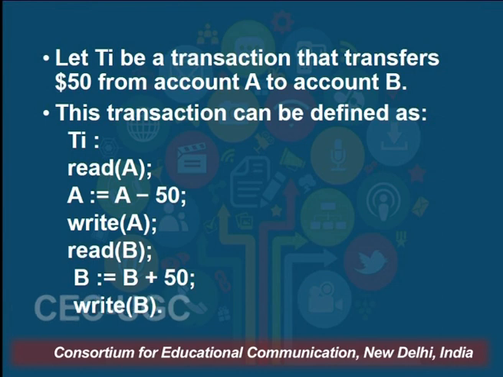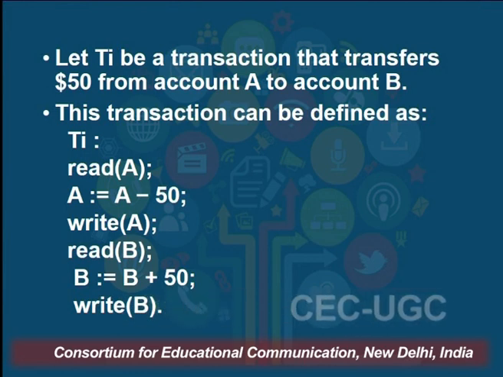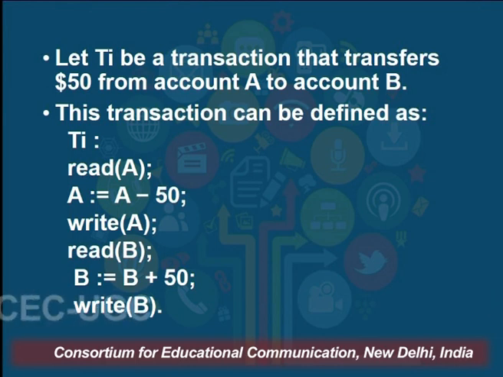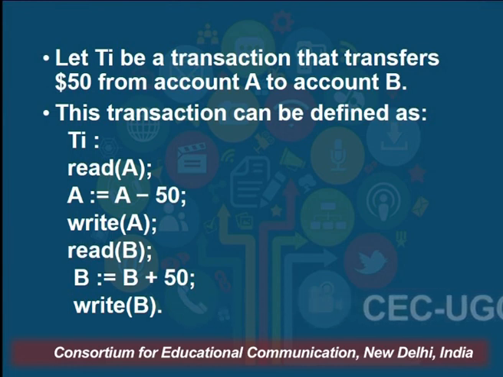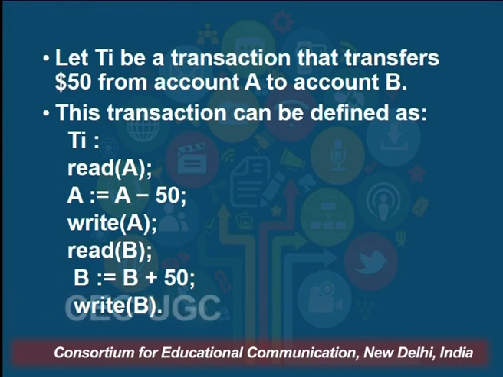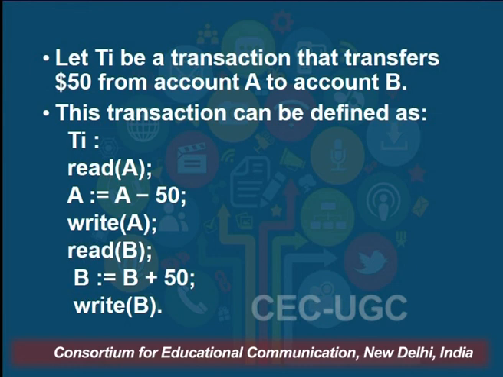That means we have taken out $50 from account A, and then we write A, so the lesser balance is updated. Then the balance of account B is read, as read B, and $50 is added to it, B = B + 50, and then this updated amount of B is written onto the disk.